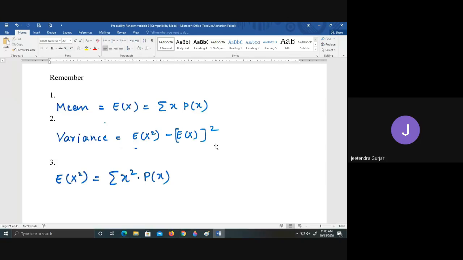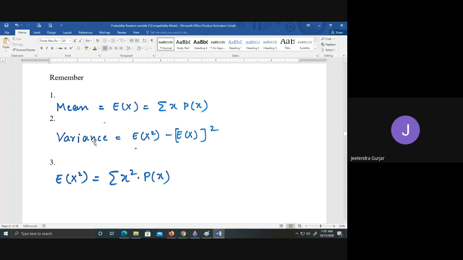Random variable. Very good. So what is P of x then? Probability of random variable. So this is how you have to remember. That is the summation of x into P of x.